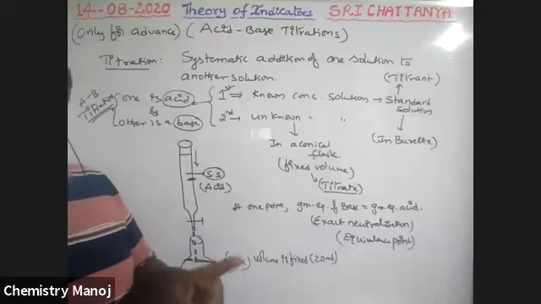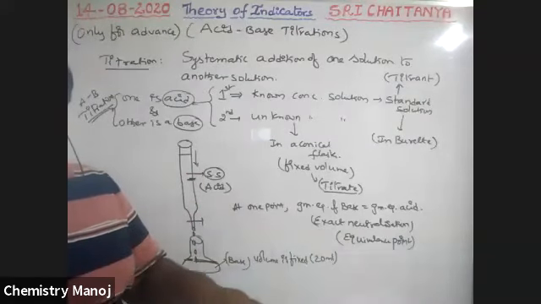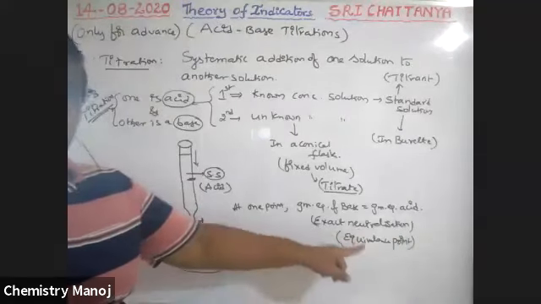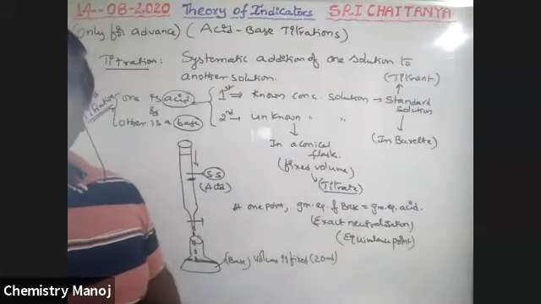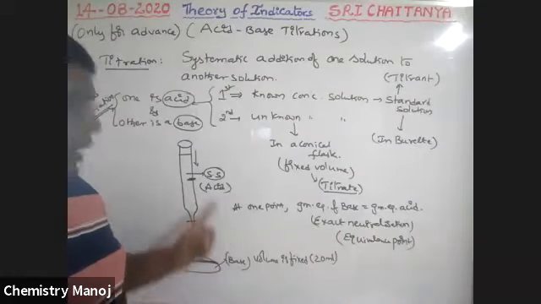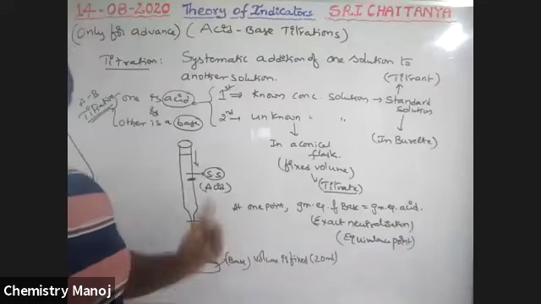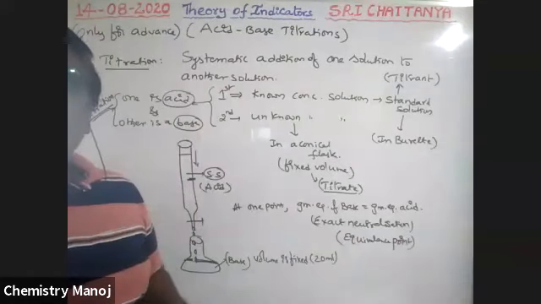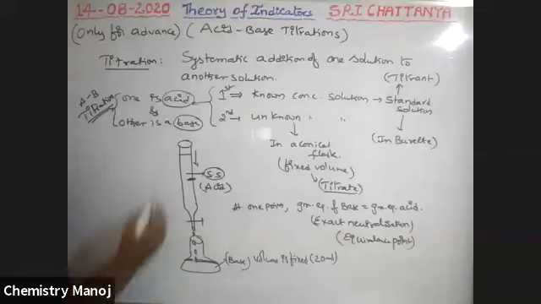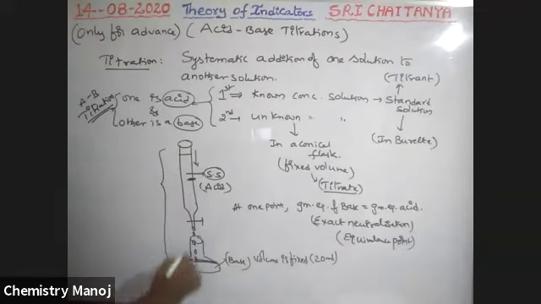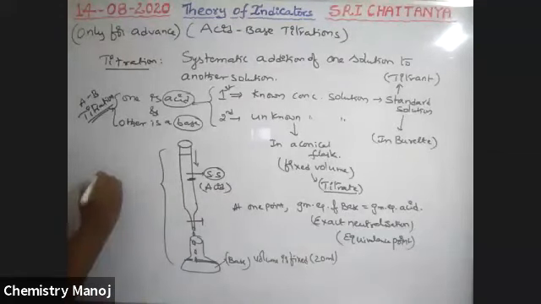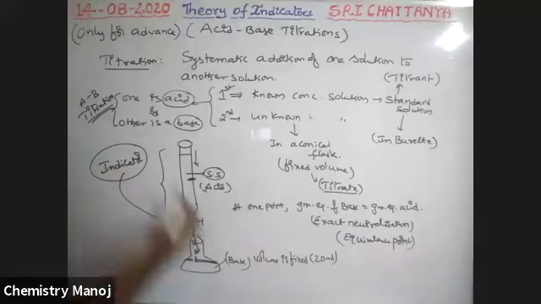So that is why, to identify the equivalence point, a third chemical is added along with the acid and base. That third chemical, which indicates the equivalence point, is called an indicator. An indicator is added into the conical flask.